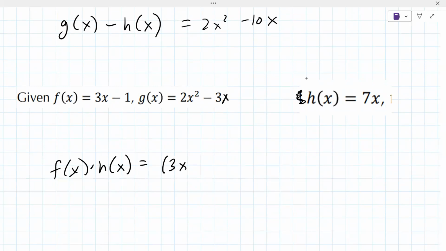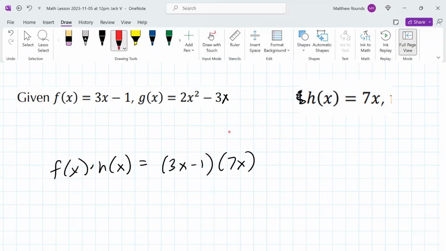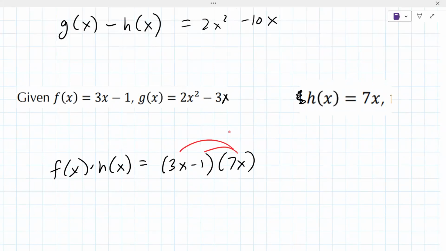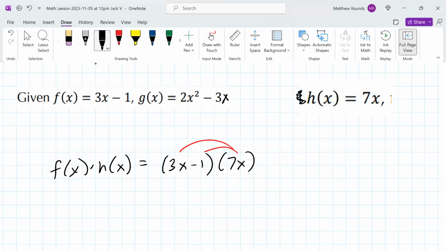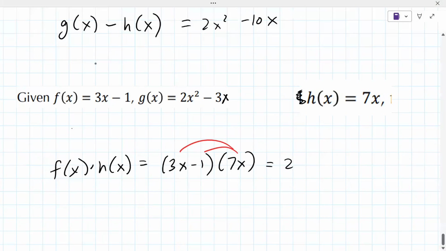This is 3x minus 1 times 7x. So there's no FOIL this time. You just multiply that 7x into both. Okay. So just 21x squared minus 7x.